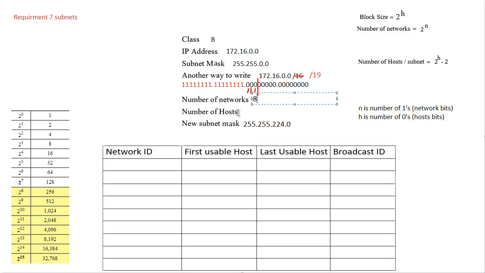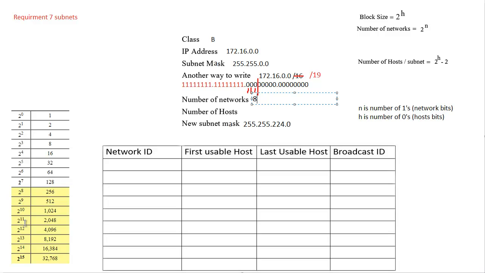And the number of hosts per subnet is 2 to the power h minus 2, and h here is the number of zeros. So how many zeros do we have here? 8, 9, 10, 11, 12, 13. So we have 13, that means 2 to the power 13 minus 2.